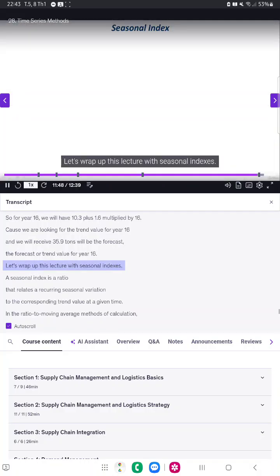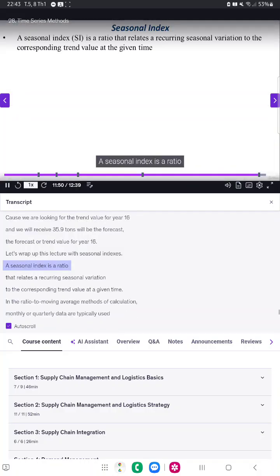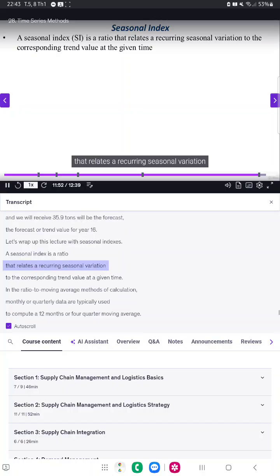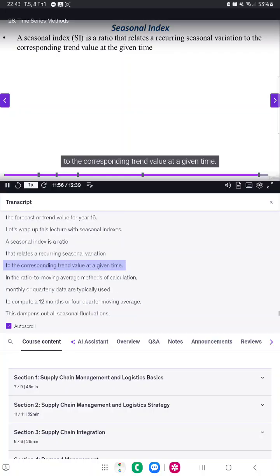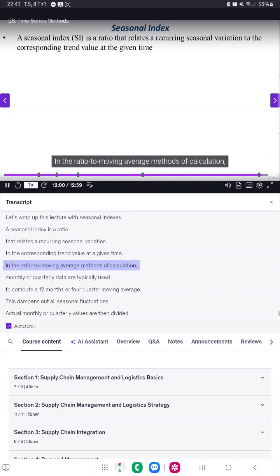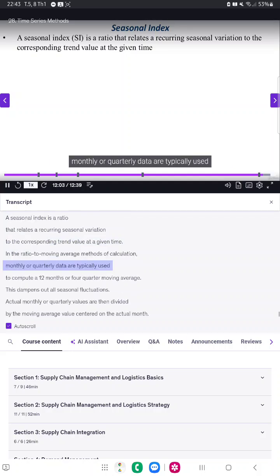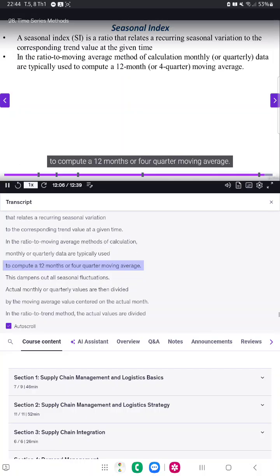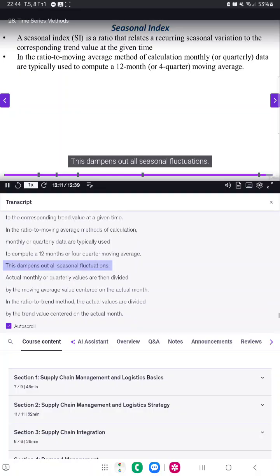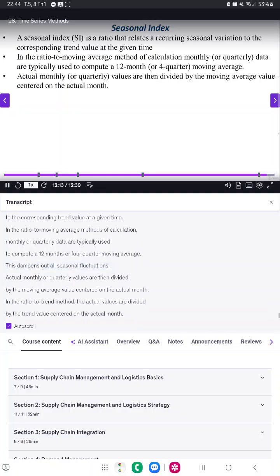Let's wrap up this lecture with seasonal indexes. A seasonal index is a ratio that relates a recurring seasonal variation to the corresponding trend value at a given time. In the ratio to moving average method of calculation, monthly or quarterly data are typically used to compute a 12-month or 4-quarter moving average. This dampens out all seasonal fluctuations.